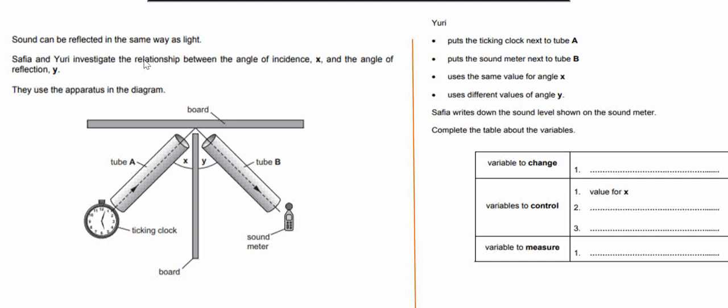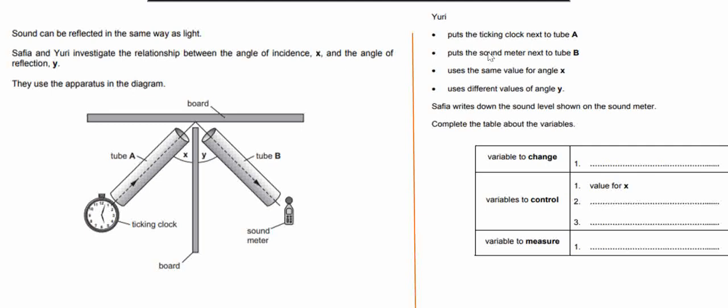Sophia and Yuri investigate the relationship between the angle of incidence, x in this case, and the angle of reflection, y in this case. They use the apparatus in the diagram here: a ticking clock, tube A, tube B, a sound meter, and a board. This is another board.